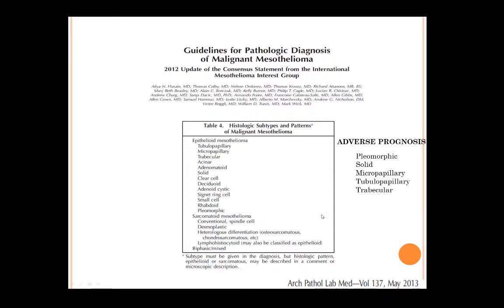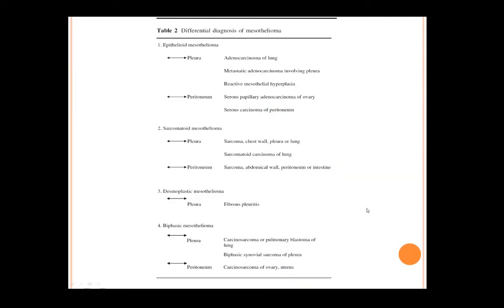Also, recognition of these histologic types is important because some of them had adverse prognosis, with pleomorphic having the worst prognosis, followed by solid, micropapillary, tubulopapillary, and trabecular type.